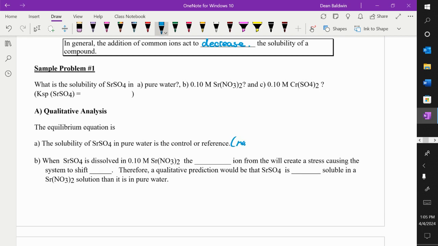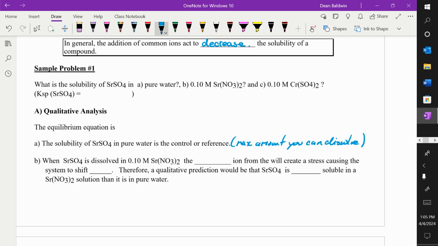This is the max amount you can dissolve. Relative, right? It's all temperature dependent and so on. But for this sort of three-version experiment we're going to do, that's going to be the max.